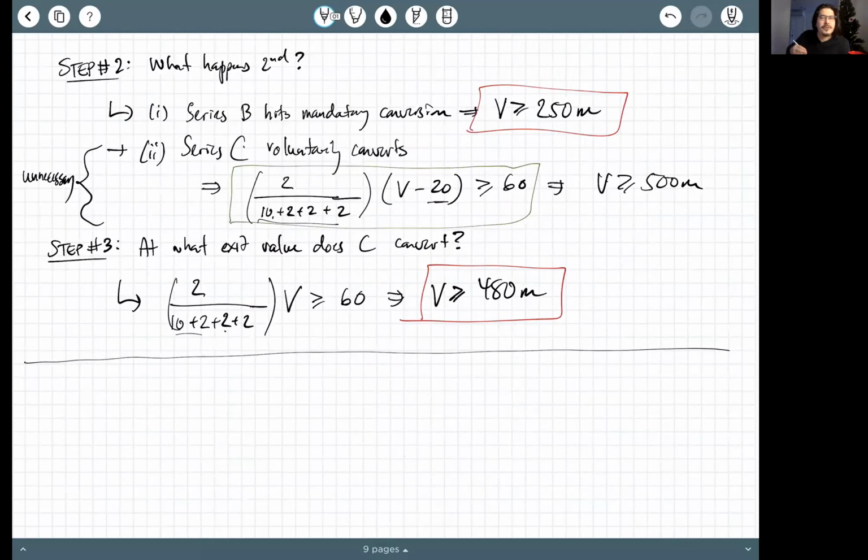So what we're going to want to do now is figure out, at an exit value of 250, how much does the payoff diagram of Series B drop?